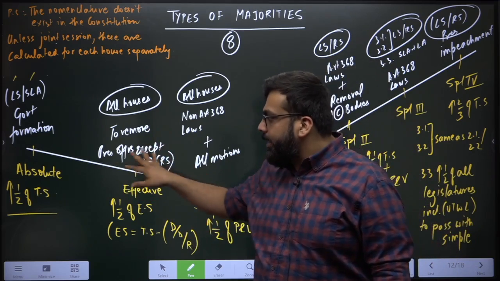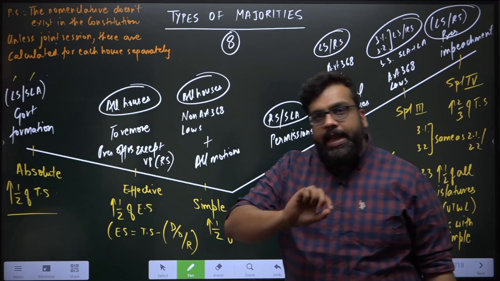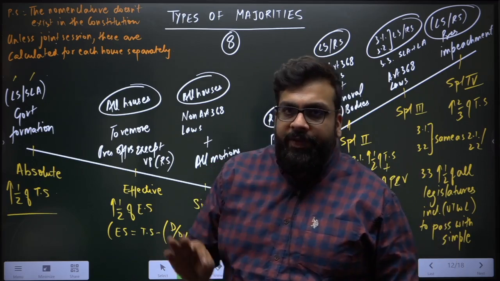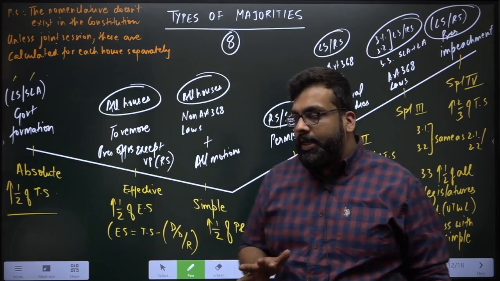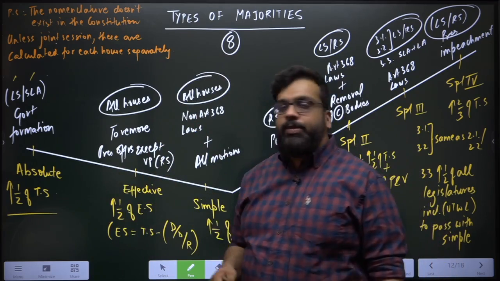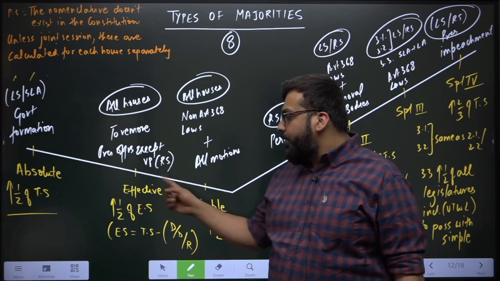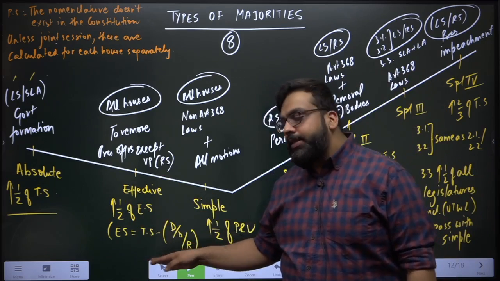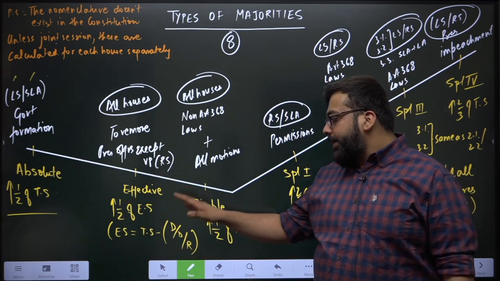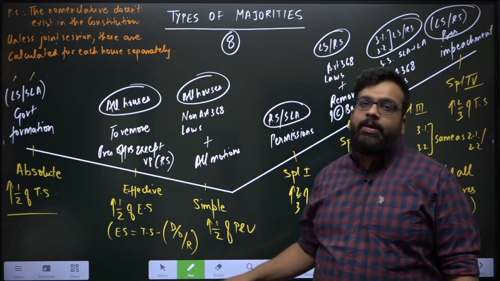So that is why it is a little complicated on that front. But every presiding officer of every central and state house, except the chairperson of the Rajya Sabha, gets removed through an effective majority. An effective majority is more than half of the effective strength. The effective strength is nothing but the total strength minus the total number of dead, disqualified or resigned MPs.